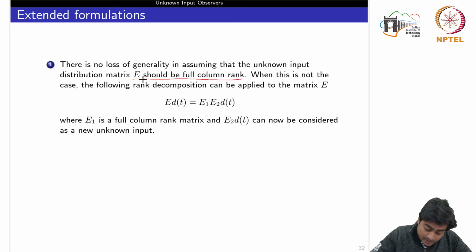Now if E is not full column rank, then using the rank decomposition we had discussed earlier, I can decompose this E matrix as the multiplication of two matrices E1 and E2, where E1 is now full column rank and E2 might not be. So in my new formulation I can write this as E1 with some variable v bar, where v bar is E2 d(t), and this v bar is now my unknown vector.